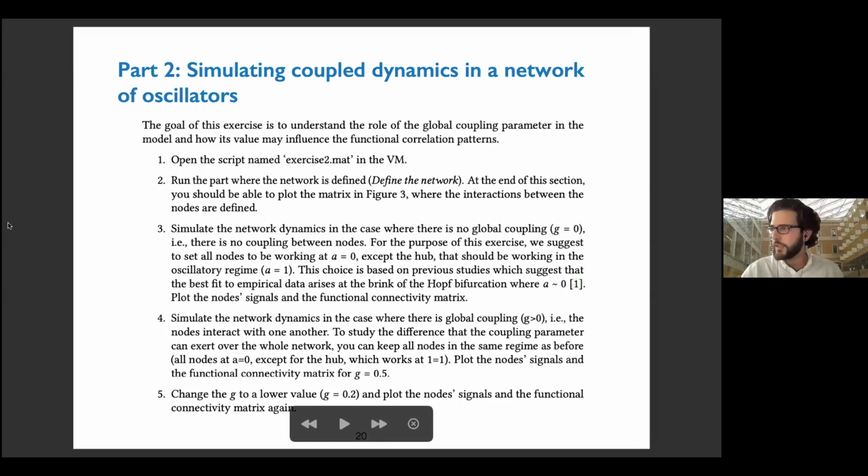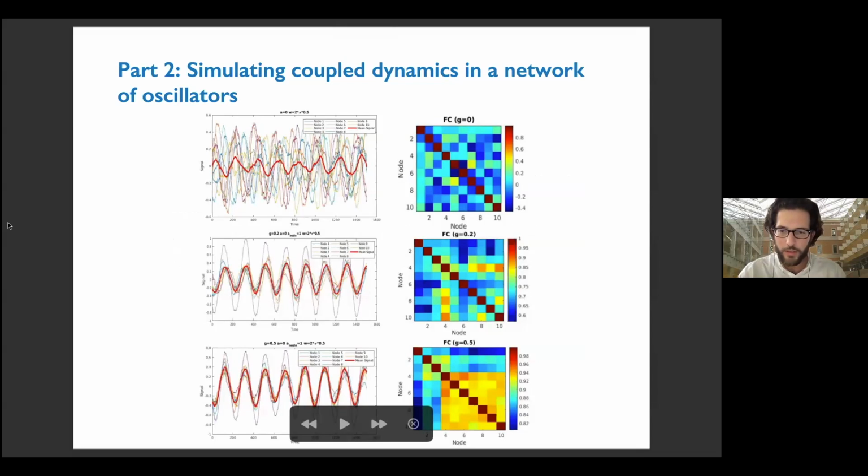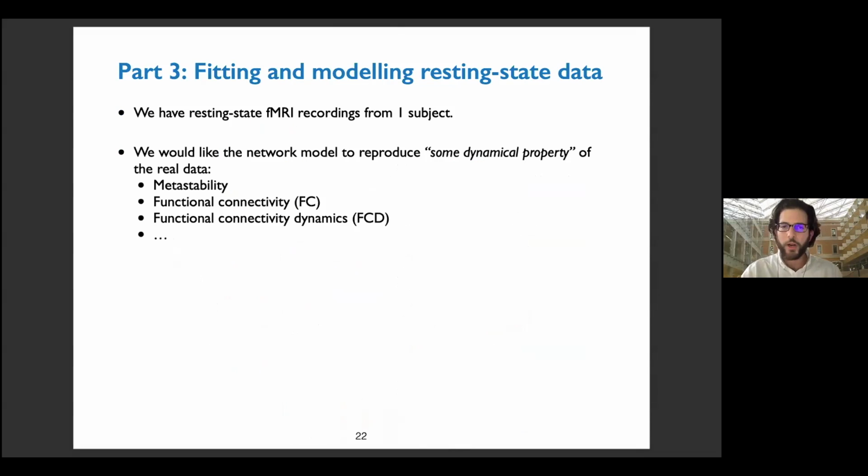Okay, so this is exercise 2. Now we go to part 3. What we have seen so far is just a model, and we have been playing with different parameters. We did different simulations. We saw how basically two parameters, the bifurcation parameter and the global coupling, affect the results.